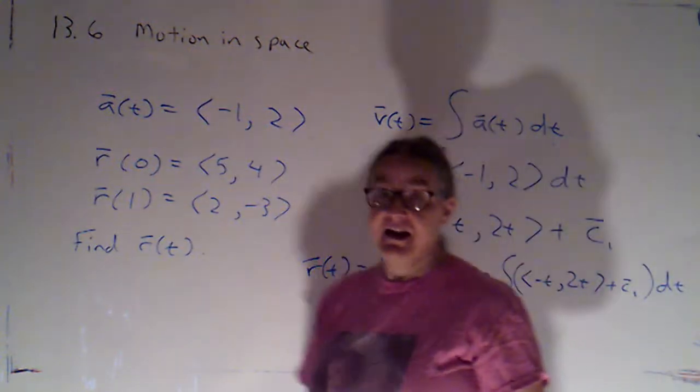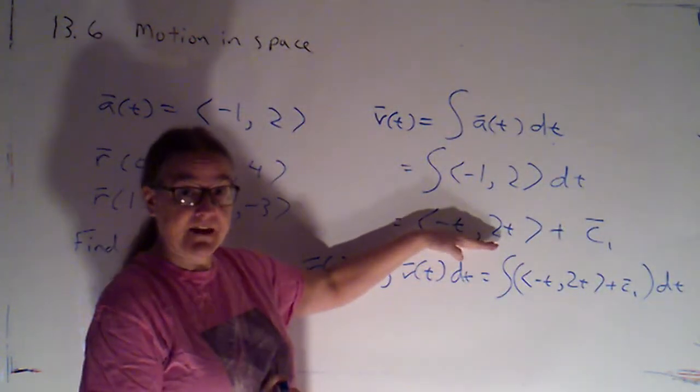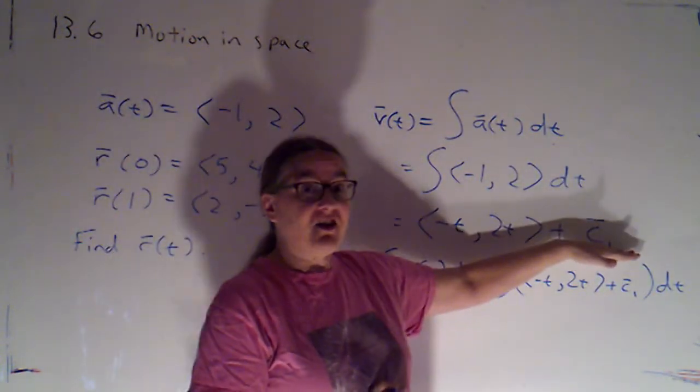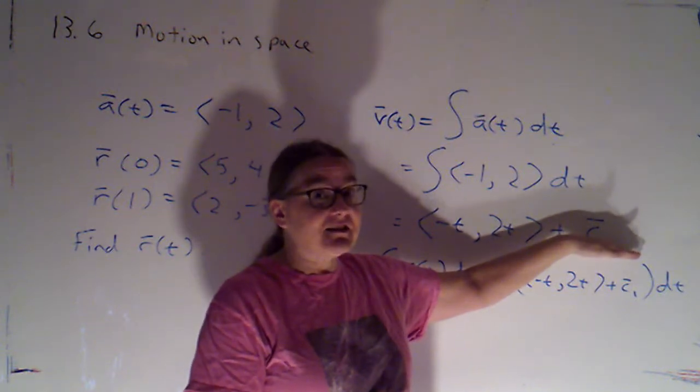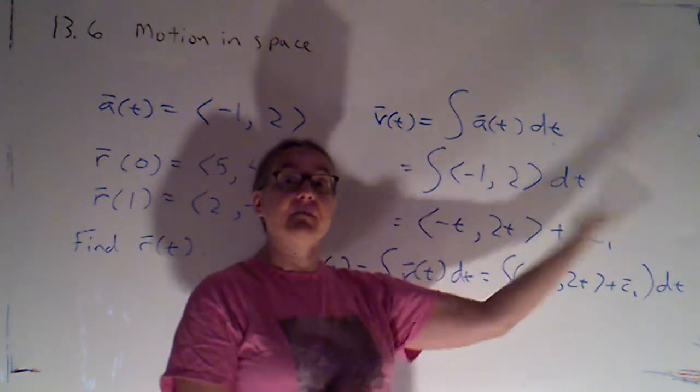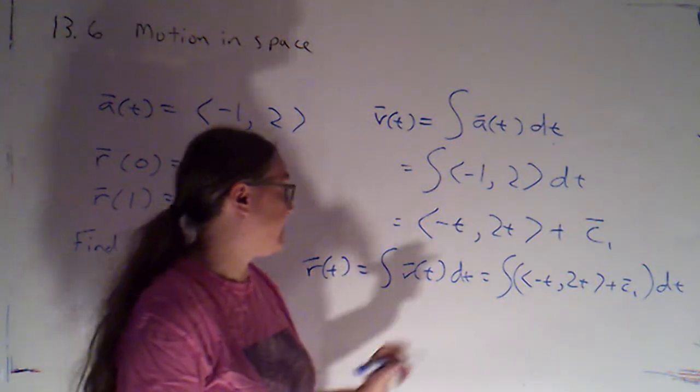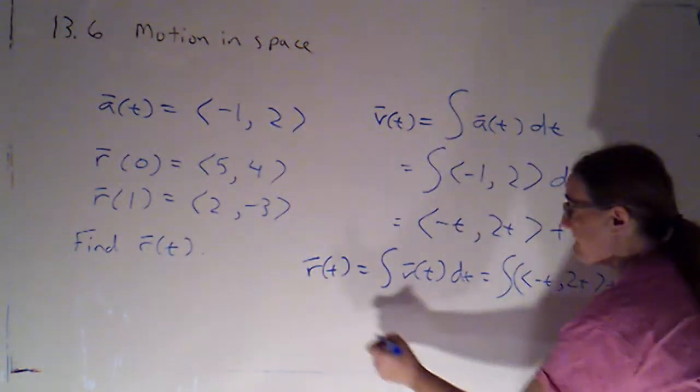Very important that I don't just integrate this. This is just a constant, but when I integrate a constant, I'm going to get something, and that's going to be part of my formula for position.